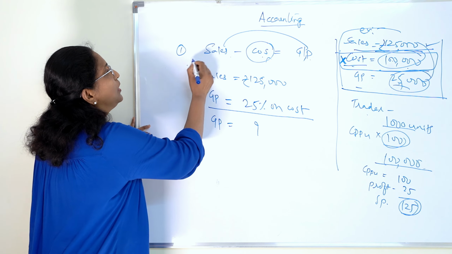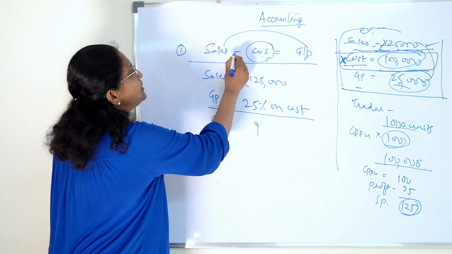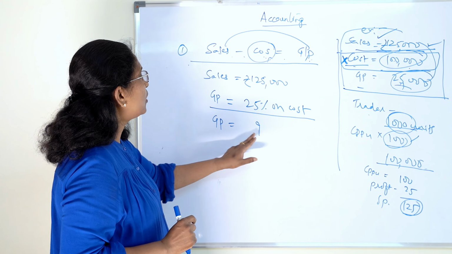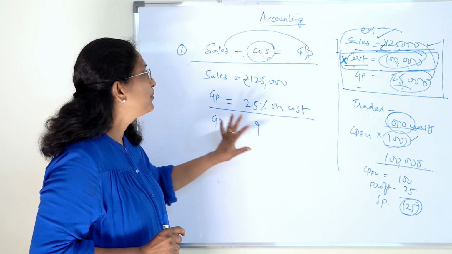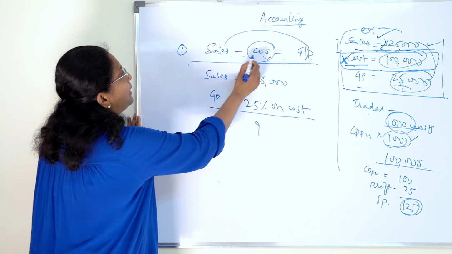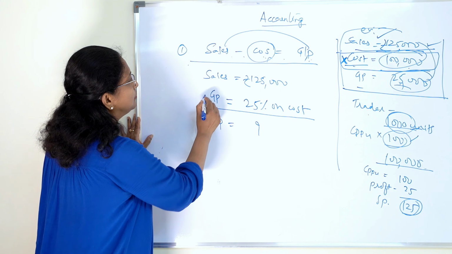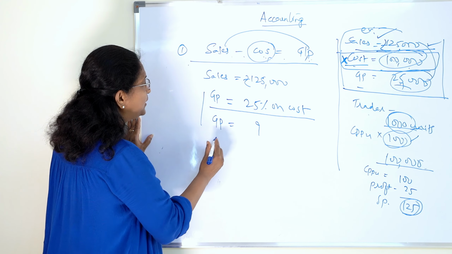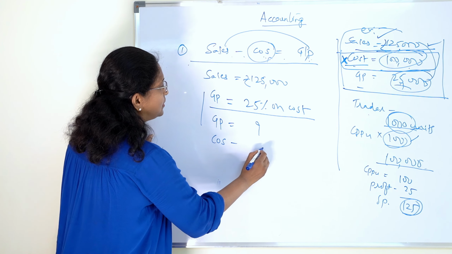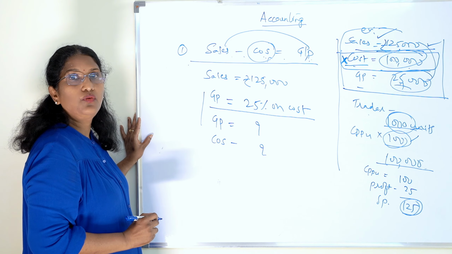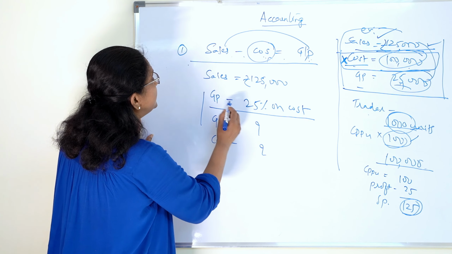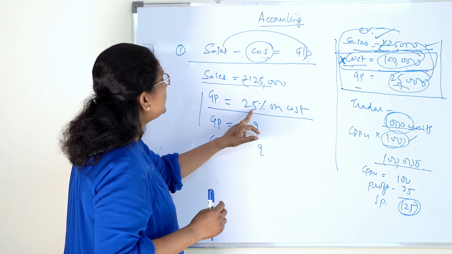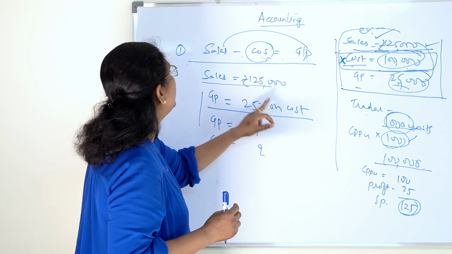So use the same equation: sales minus cost of sales is equal to gross profit. I am trying to calculate with the missing information. What I don't have is the cost of sales. But what is given in the information, always remember, is 25% on cost.